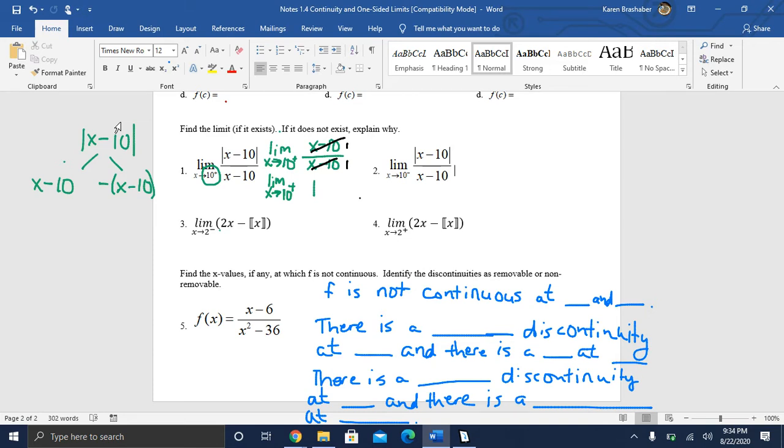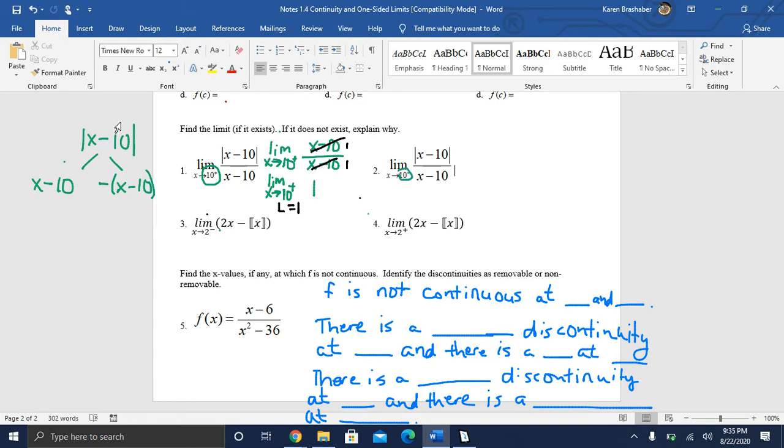And so your limit, I'm going to go ahead and use the letter L, your limit for that problem is equal to 1. So the limit as x approaches 10 from the right of the absolute value of x minus 10 over x minus 10 is 1. And so I'd like to compare that to problem number 2, the limit as x approaches 10, this time from the left.